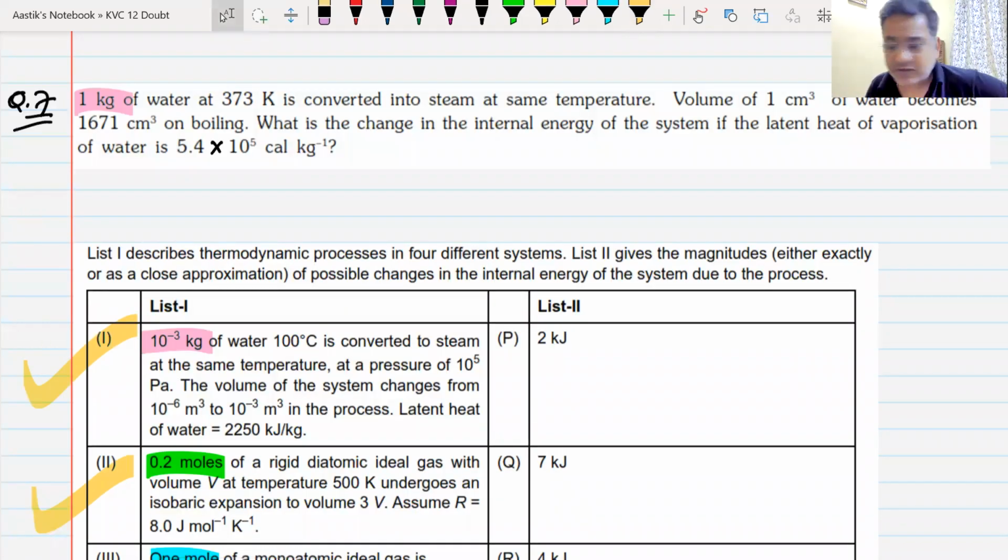This is not likely to come in NEET. Very unlikely. But anyone can do it. That's not the point. I hope I made the point clear.